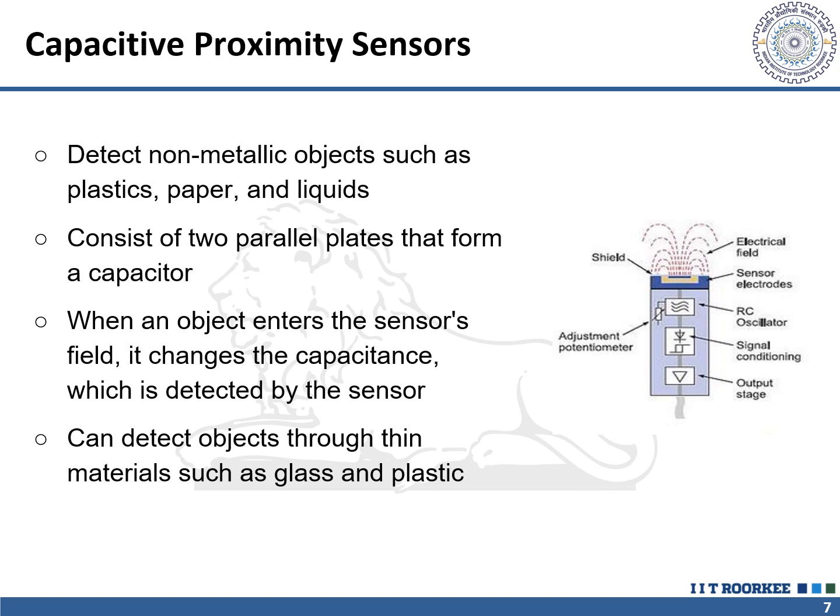This capacitor has its own electric field. When an object enters the sensor's field, the capacitance is changed. This change in the capacitance changes the voltage value, and this voltage is detected by the sensor.